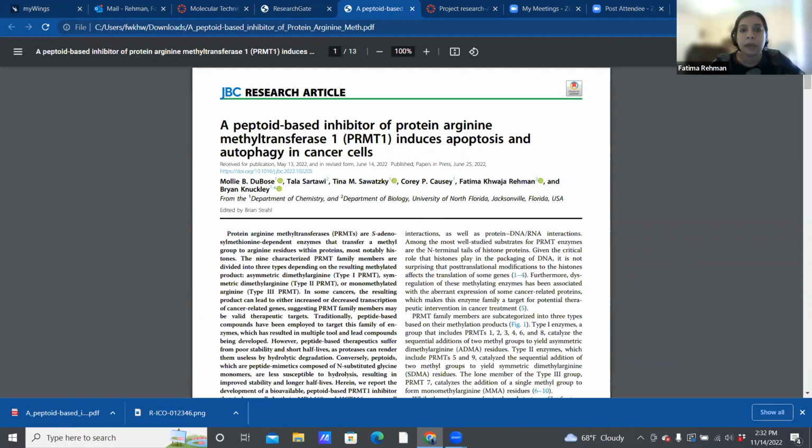Okay, so this one, Dr. Corey Causey and Dr. Brian Nuckley had been working with developing targeted cancer therapy using a specific peptide. So a peptide is basically a tiny protein, not a big protein chain, a very small protein chain that could act as an inhibitor for the PRMT, protein arginine methyltransferases.